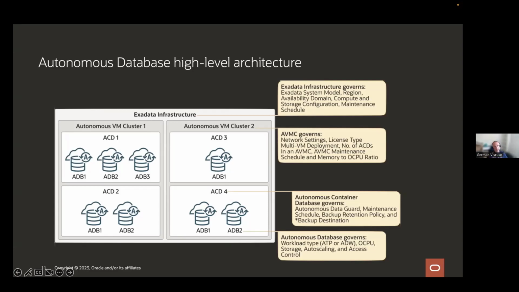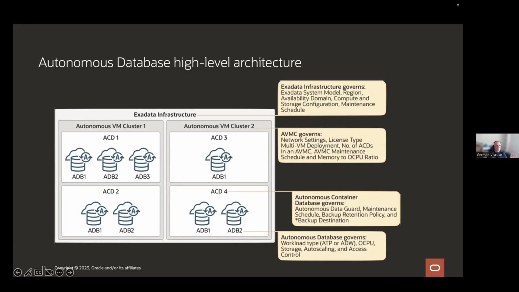Then you can create a specific autonomous VM cluster within the Exadata infrastructure. And within the cluster, you can create a container database, which is this pluggable architecture that I mentioned before, which will be a container of these pluggable databases or autonomous databases. And then you can go ahead and create specific autonomous databases. In this way, you can basically isolate how you work with the database.